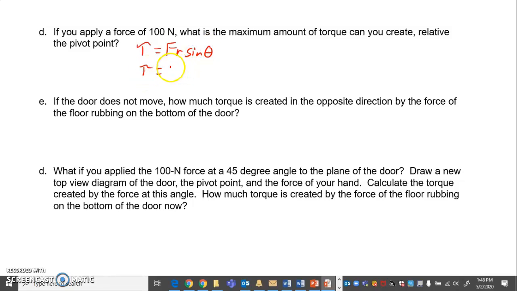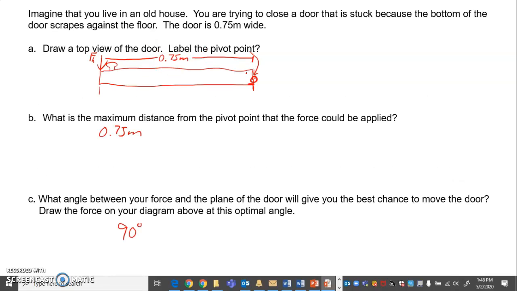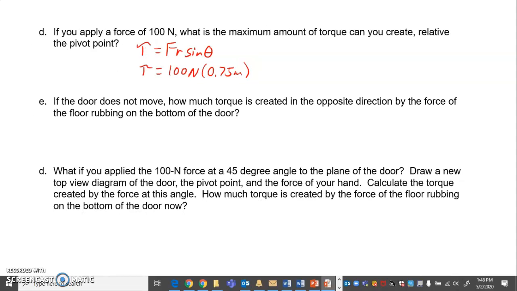So the maximum amount of torque would be to apply that 100 newtons, put it as far away from the pivot point as possible, which we said was 0.75 meters, and then we apply it at a 90-degree angle, because the sine of 90 degrees is equal to 1. You go ahead, plug it into your calculator, and you'll see. And so 100 times 0.75, that would be 75 Newton meters.